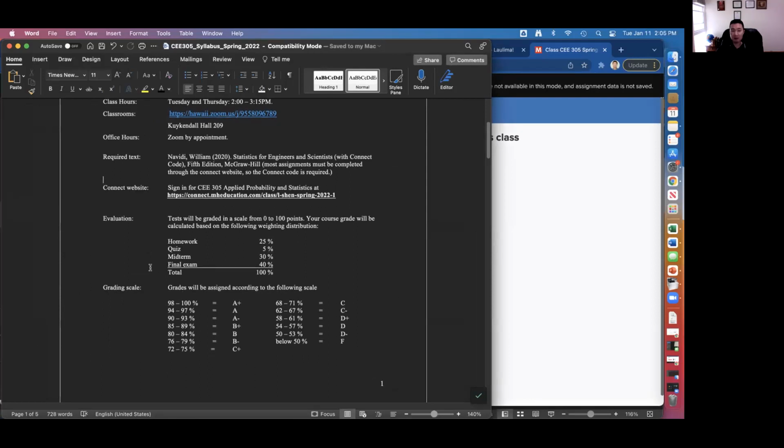We have 1 midterm, 30%, and 1 final exam, 40%. The midterm will occur after we finish chapter 4. The final exam will be comprehensive, which means it will cover everything from the beginning to the end.